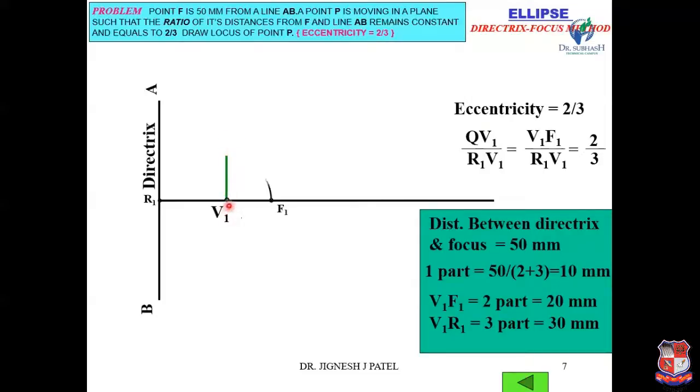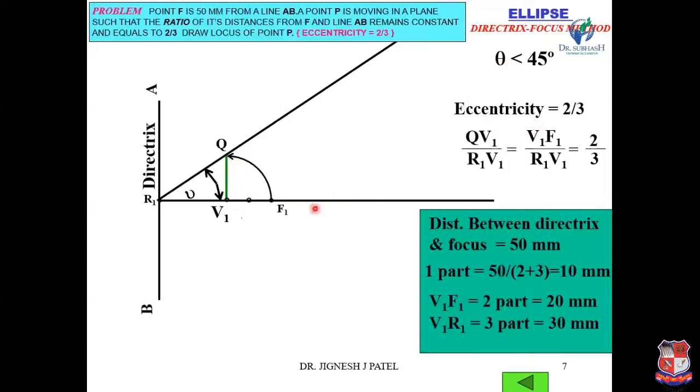Now with V1 as center and radius equal to V1F1, draw one arc, and this point is Q. Now join R1Q and extend it. This angle is theta, and this theta is less than 45. Always theta is less than 45 if the eccentricity is less than 1.